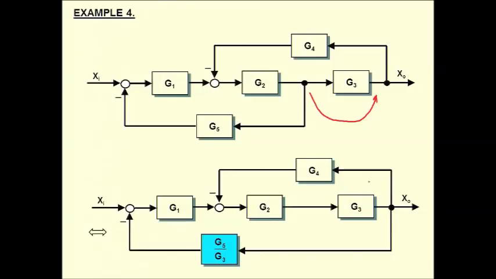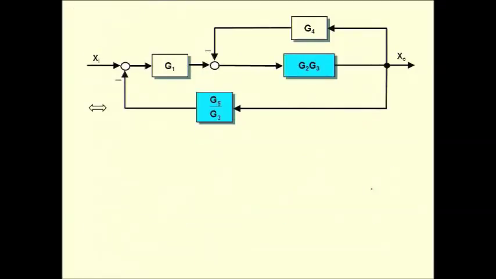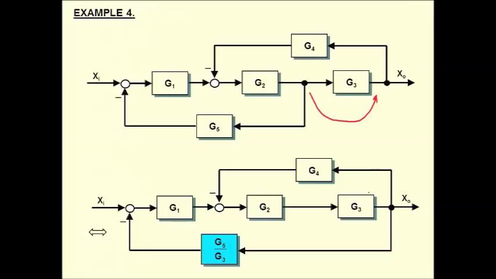And now, what did I do in the next step, if I remember it? Oh yeah, in the next step, I am noticing that between here and here is essentially a nice feedback transfer function that I can find, where the forward path is G2, G3, and the backwards path, or reverse path, is G4, the feedback path.